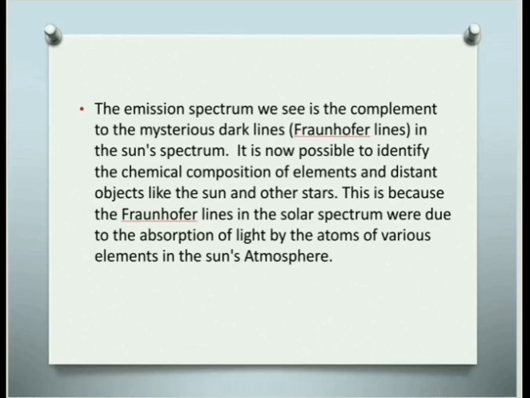This is because the Fraunhofer lines in the solar spectrum were due to the absorption of light by the atoms of various elements in the sun's atmosphere.